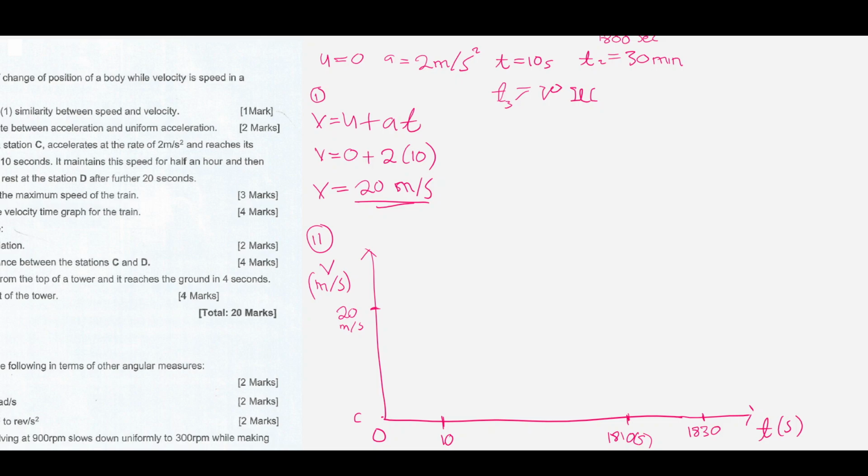Okay, so this train moves like this, so the train is moving from this point to that point, and then it goes to that point, and then goes back to rest like that. Okay, so this is the velocity time graph for our train.